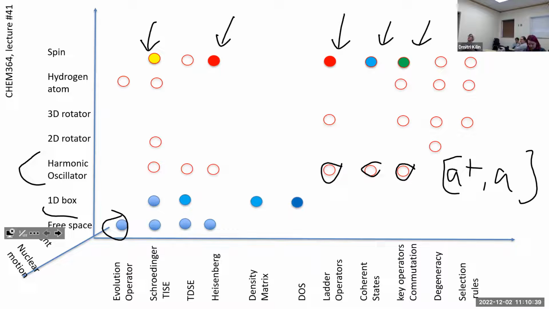Then I was not bringing this little table for a few weeks, and meanwhile we went through the two-dimensional rotator, the three-dimensional rotator, and the hydrogen atom, right? What was interesting in the rotators, same as in the harmonic oscillator, is that we were dealing with commutation of the key operators.